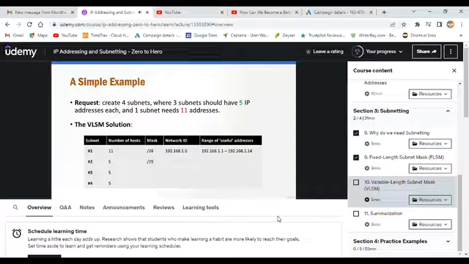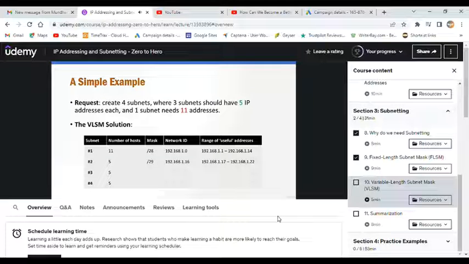The network ID is going to be the next free IP address after the broadcast address of the previous subnet. The broadcast address was 192.168.1.15, so the network ID for the second subnet is going to be 192.168.1.16. The range will be from 17 to 22 because this time we're only going to use 8 IP addresses.